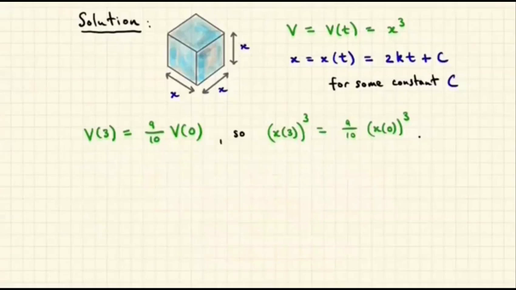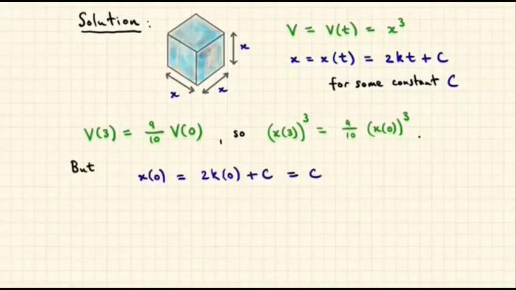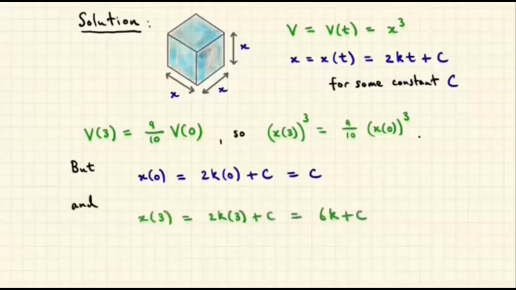But we know that x evaluated at 0 is just the constant c, and x evaluated at 3 becomes 6k plus c. So we get a nice equation linking the constants k and c. We can rewrite this as (6k plus c) cubed equals 0.9 of c cubed.